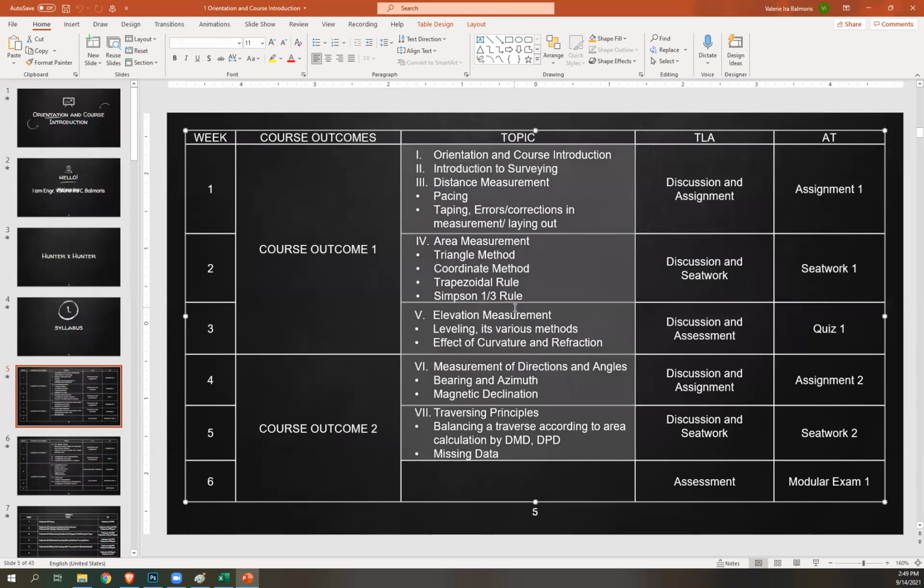Is it okay if we do it on Wednesday instead so that I can plot it during your field so that you have more time for your modular exam? Or do you want to have it on Saturday during your lecture? Let me know in the chat. During field, during lecture, your modular exam. Saturday na lang, ma'am.